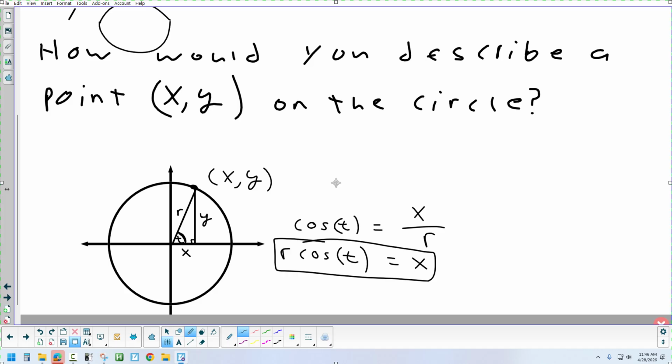R cosine t. What formula would help me to find y? Sine. And what would be your formula using sine?